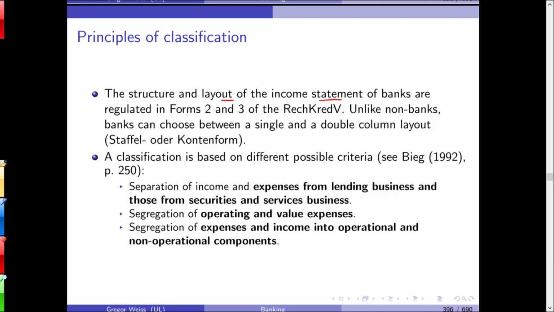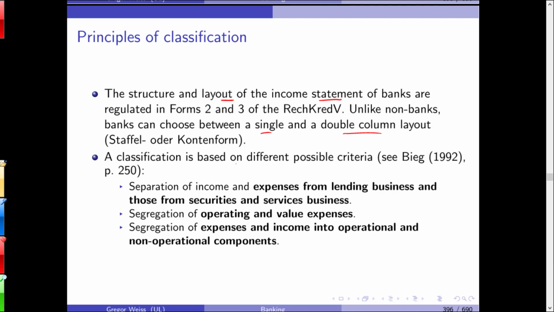Form 1 was the balance sheet, Forms 2 and 3 concern the income statement. Again, unlike non-banks and non-financial institutions, banks can choose between a single or a double column layout. In German, that's called Staffel oder Kontenform.